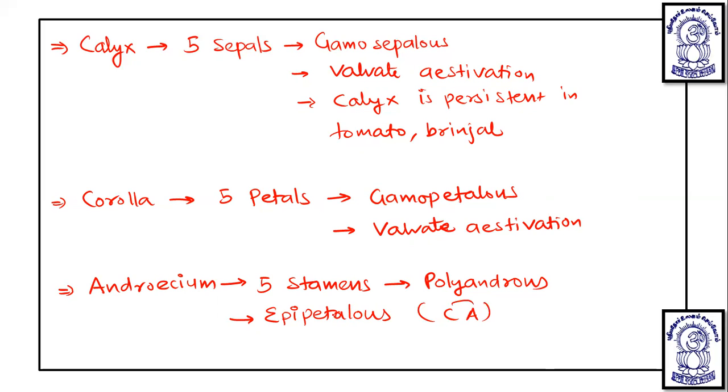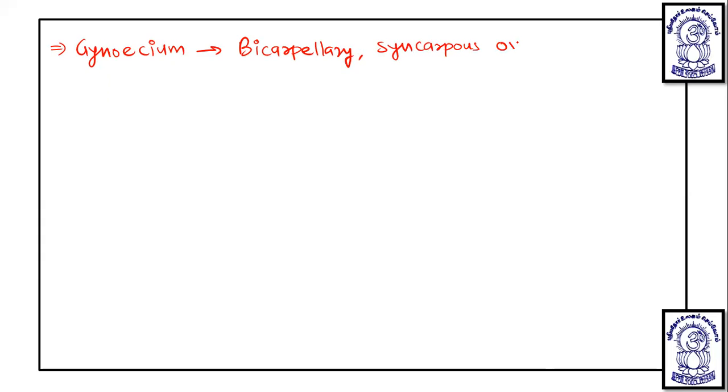Now let's talk about the characteristics of gynoecium. In gynoecium, we see two carpels, so here you can see a bicarpellary syncarpous ovary. In the bicarpellary syncarpous ovary, axile placentation is seen.